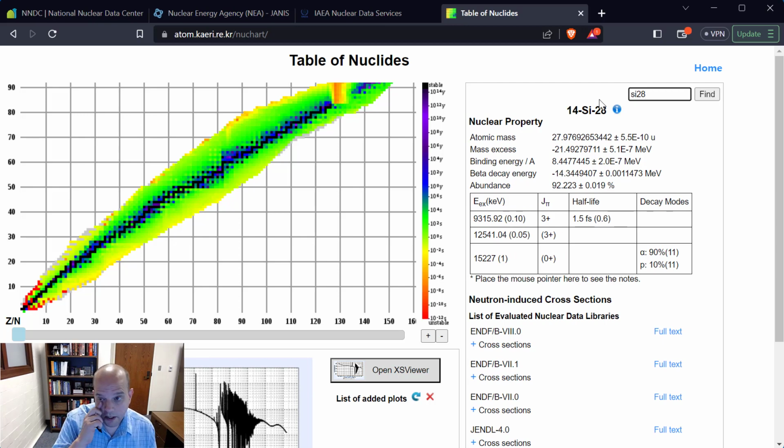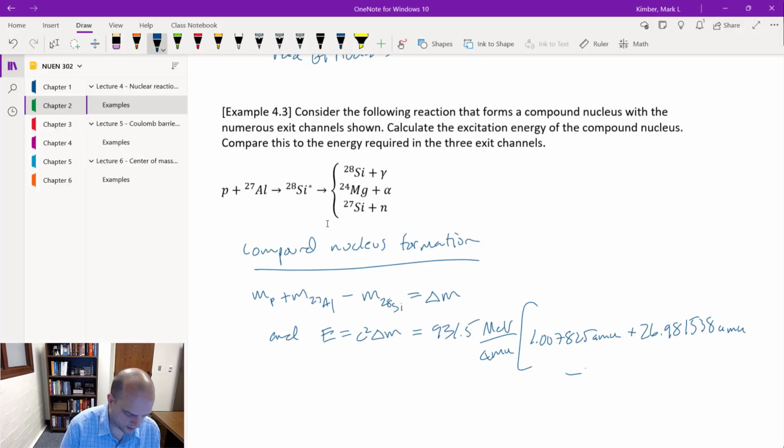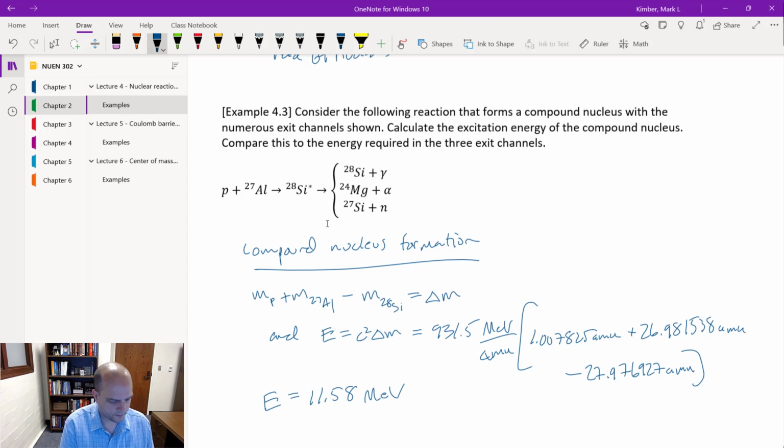And so silicon 28 has 27.976927. And if I do that calculation, then I'll find out that the energy there is going to be 11.58 MeV.